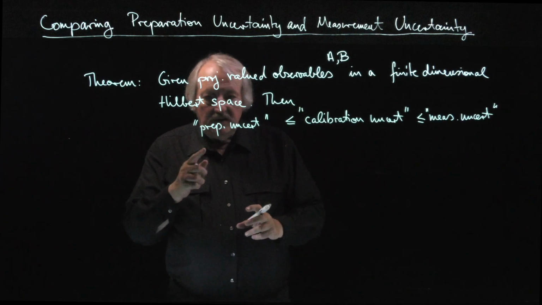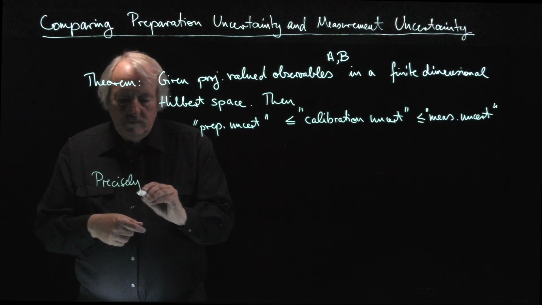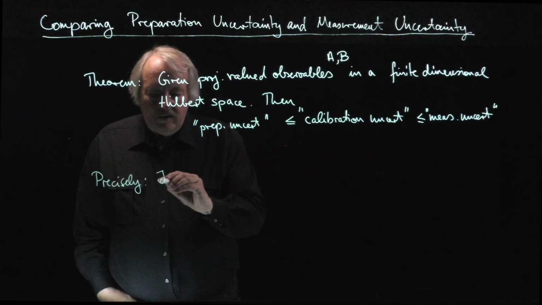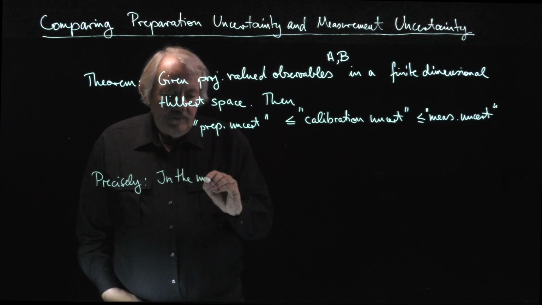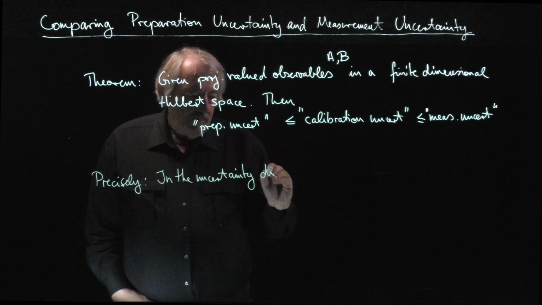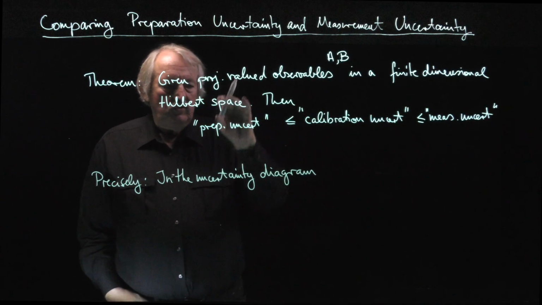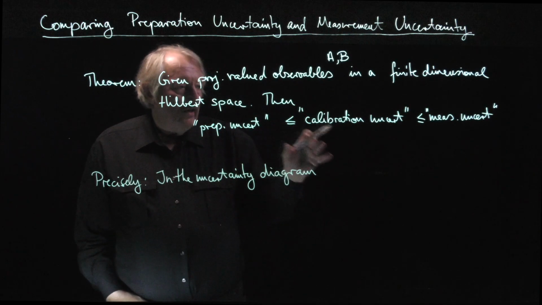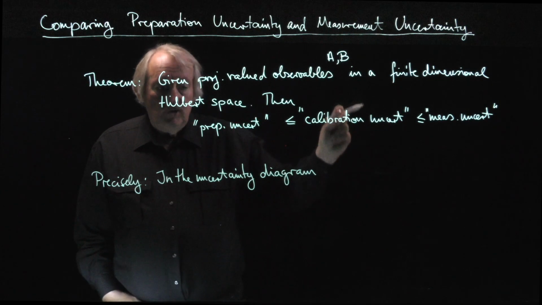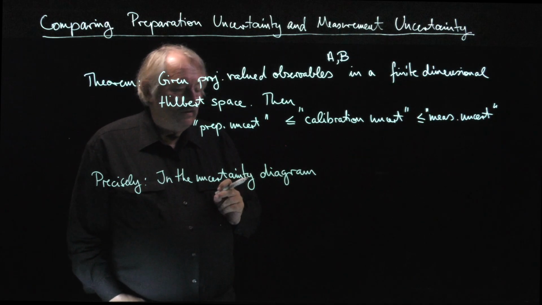So the precise statement is in the uncertainty diagram, and for each of these we can do that, right? We just write down the corresponding pairs corresponding to states, corresponding to joint measurements judged by calibration uncertainty, and the same thing for the measurement uncertainties.